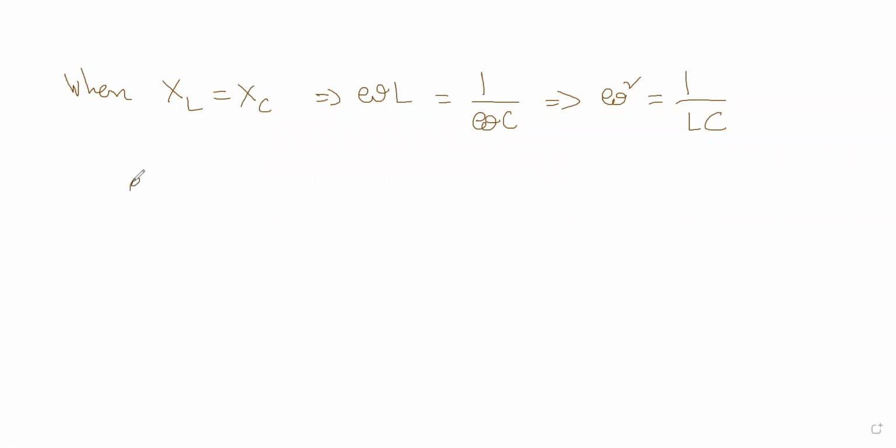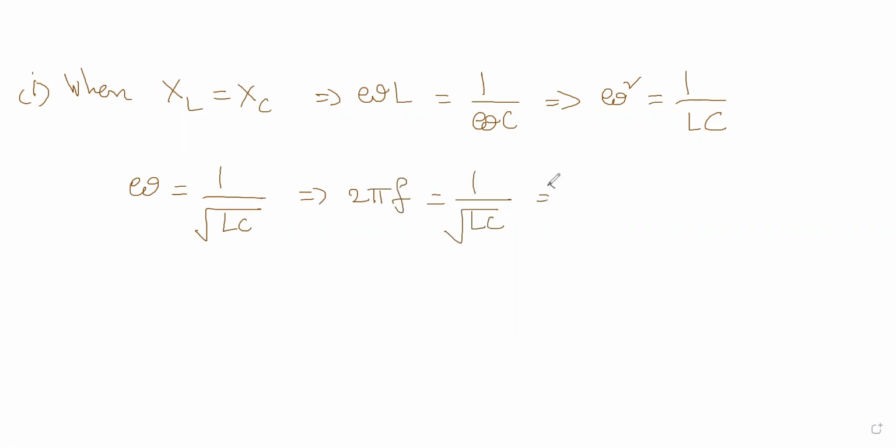So omega is 1 by square root of LC. Omega is 2 pi F. So F is equal to 1 by 2 pi square root of LC.